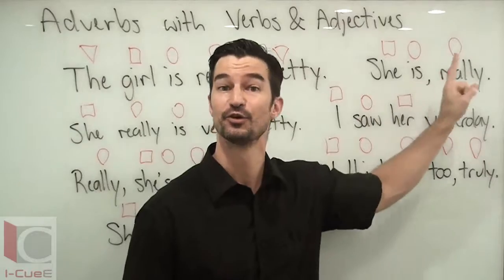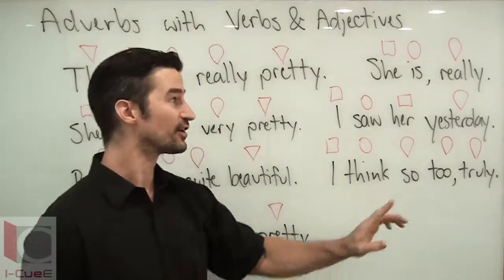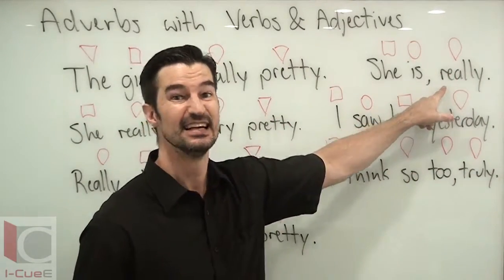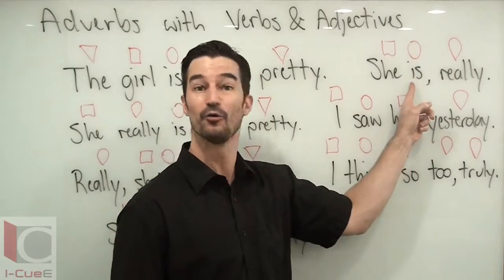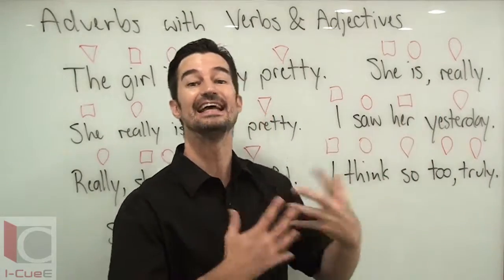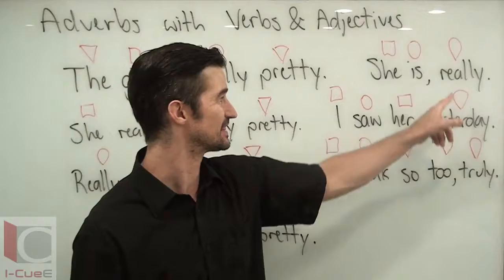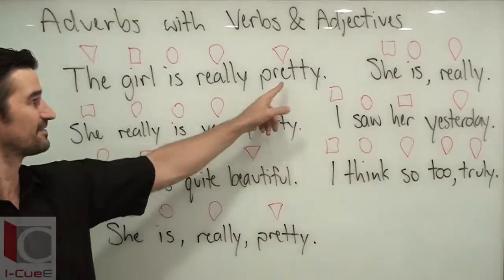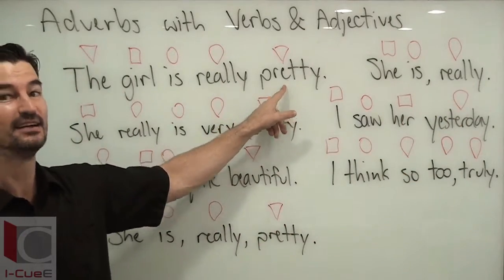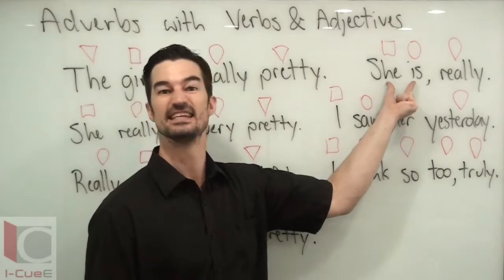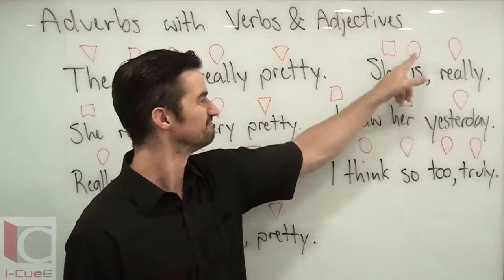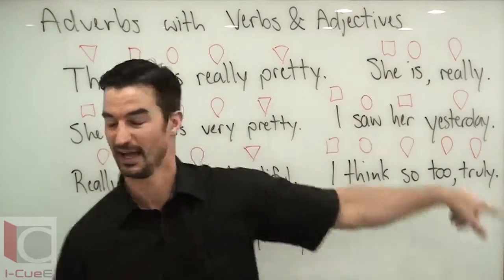She is really. Here, the really is talking about how pretty the girl is. We're in agreement, okay? That's what this really is doing. It's not modifying how pretty, it's modifying this entire thought, or the verb, okay?